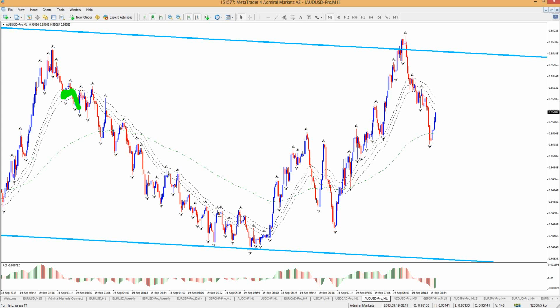It bounced here, but we got price acting, the band acting as resistance here, right? Then we got a break above it, so we keep on moving up. Here we got a bit of a chop, but then price stays above the band. Now price is underneath the band. So although this is maybe a bouncing area as well, because you can see the long-term moving average also providing some movement there, as you can see.